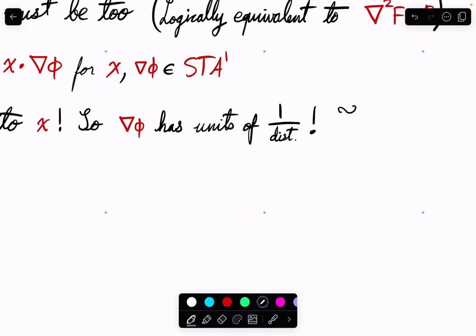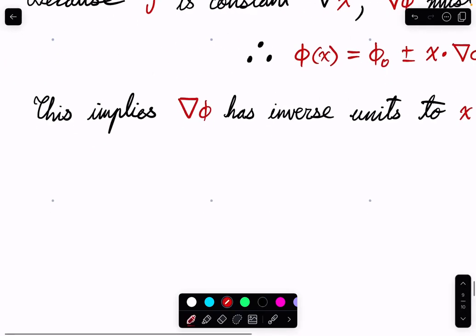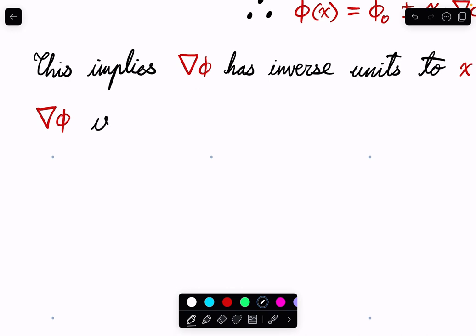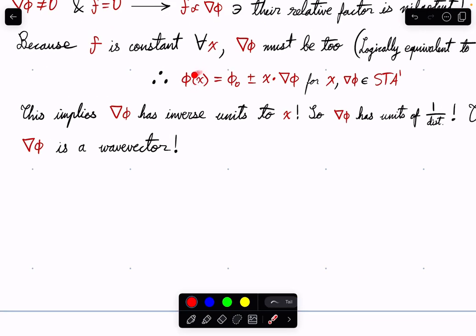This means that the gradient of phi is a wave vector. Because in physics, vectors that are related to some phase and that have units of inverse distance must be wave vectors, because that's their role in physics. So this must be a wave vector.